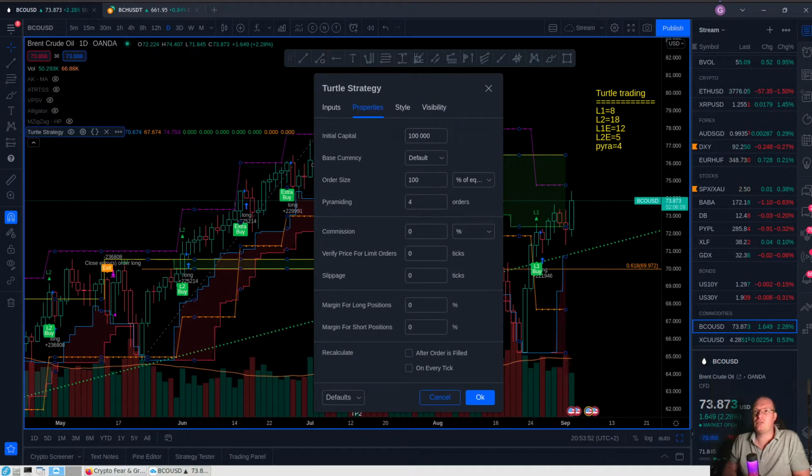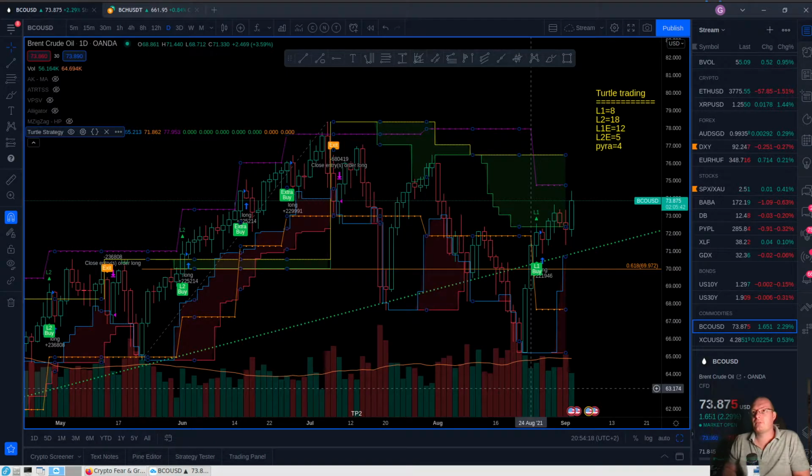In the default script, commission is 0.1, I believe, so I put 0 just for the sake of consistency in backtesting at the different companies where you can trade. All right.